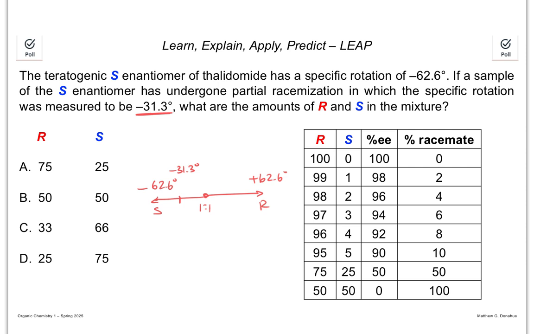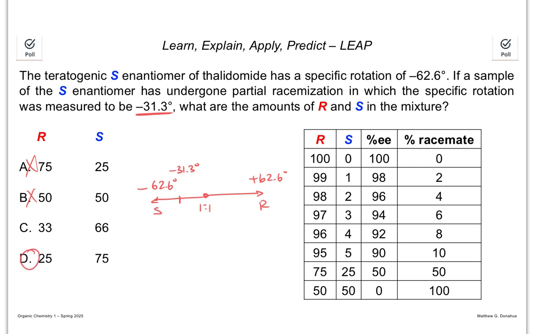We can eliminate A because that's a ratio 75R, 25S. We can eliminate B because that is going to give you a value of 0. Now we have C and D. So what do you think the best response is?